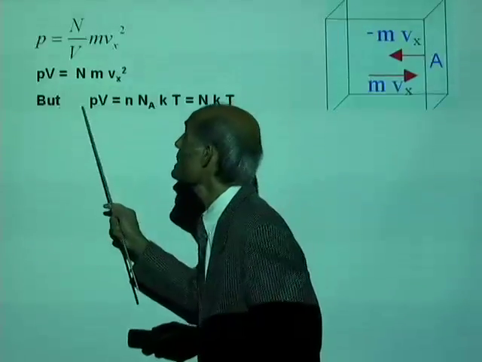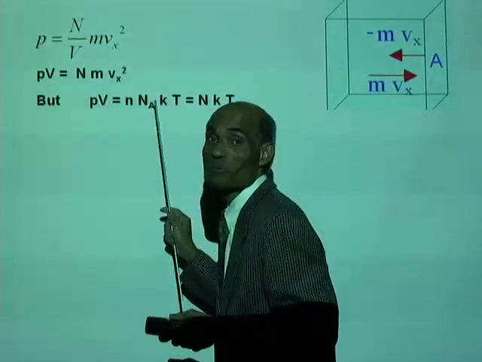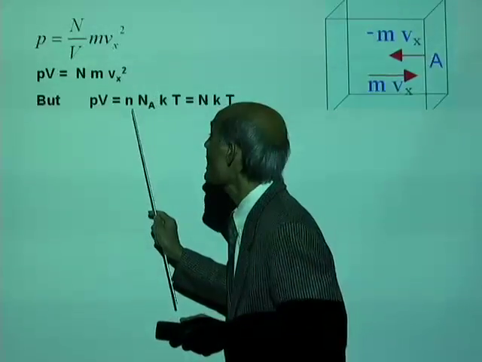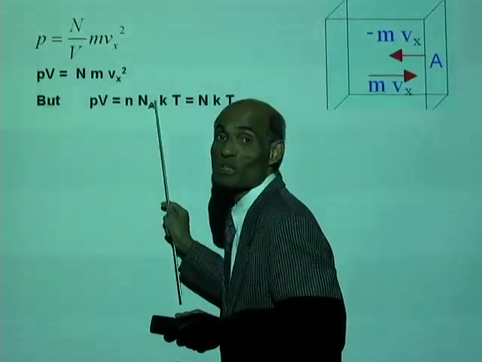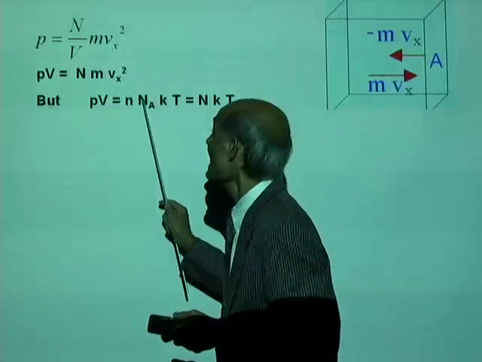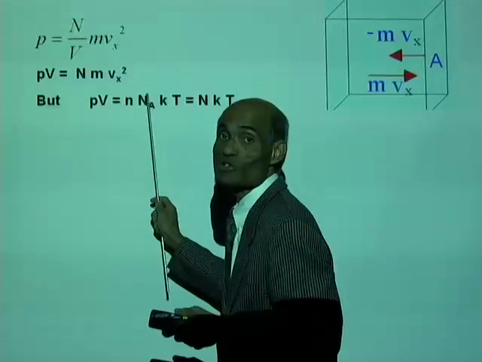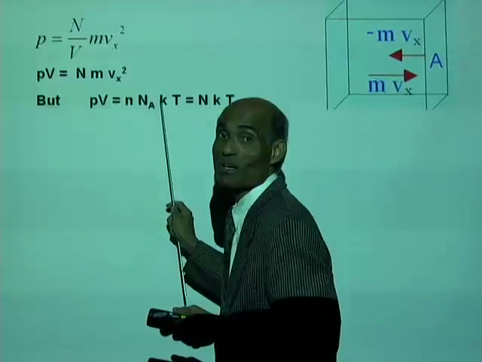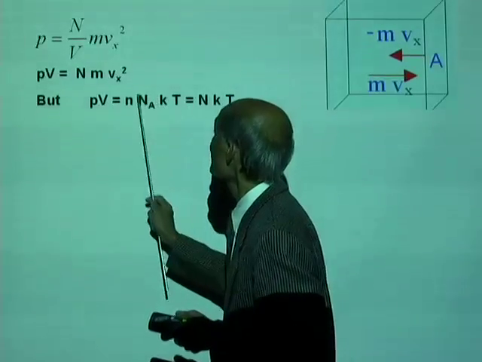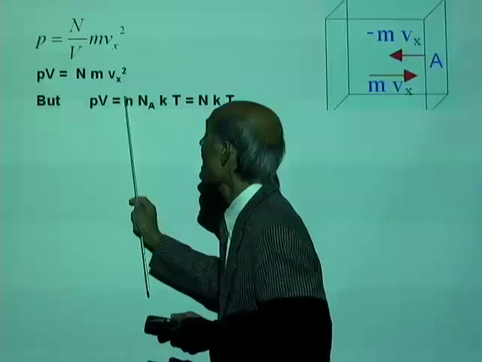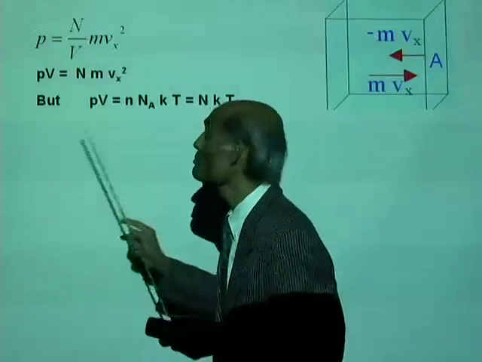But you know that PV equals nRT. You remember that one? PV equals nRT, where R is Avogadro's number times Boltzmann constant, Na times k. So PV equals n, the number of moles, Na the Avogadro's number, k the Boltzmann constant, times T. That is equal to n times Na, the number of moles multiplied by the number of molecules per mole.